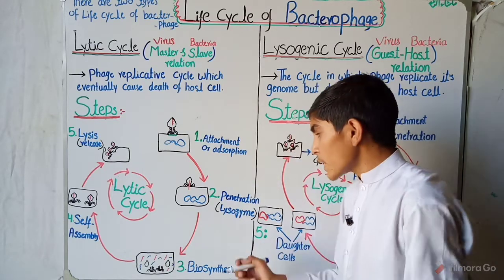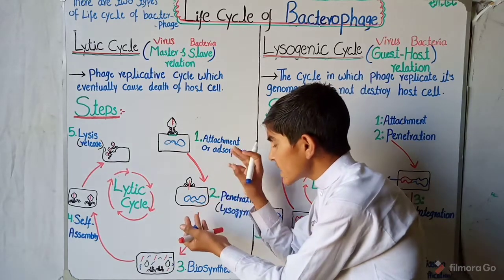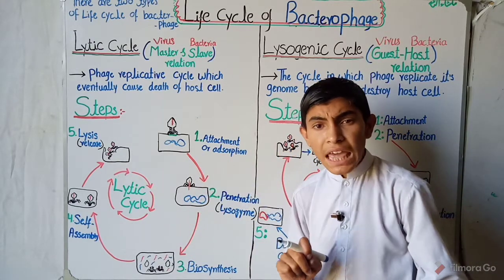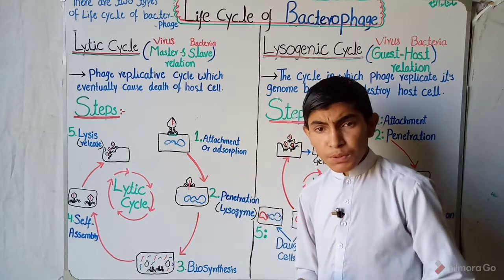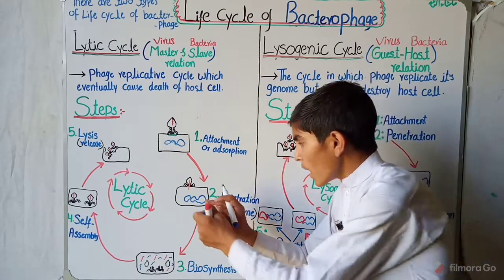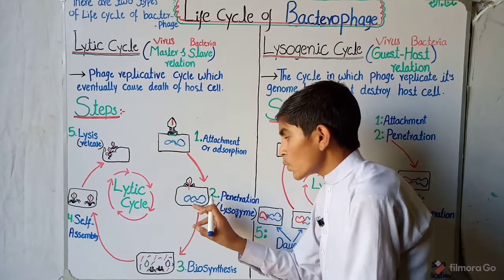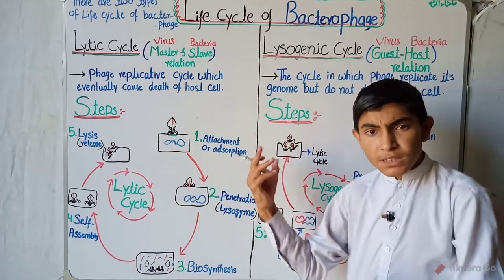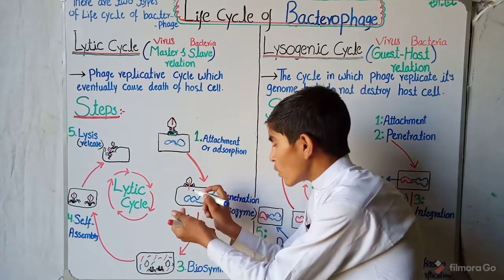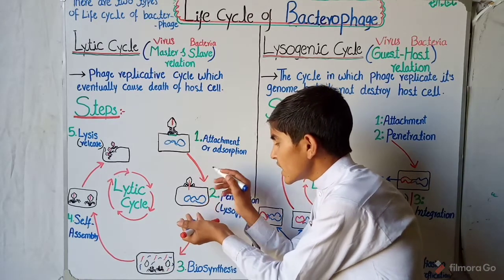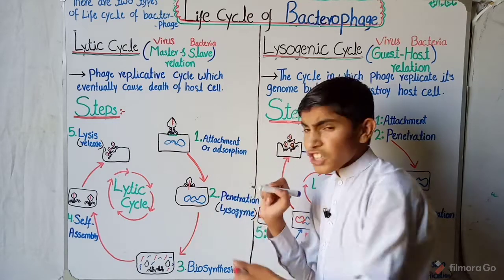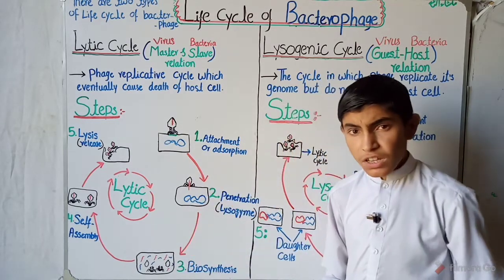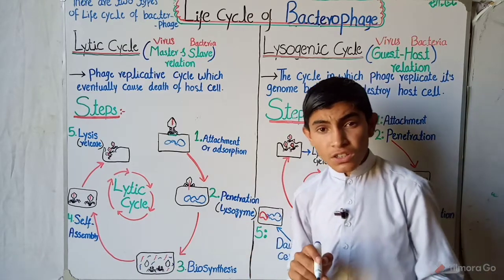So the viral cell releases its lysozyme enzyme from its base plate and penetrates the wall of the bacteria. When the wall of the bacteria is penetrated, the viral cell contracts with the help of its flexible sheath, and the virus releases its genetic genome, meaning DNA, inside the bacterial cell. This is called the penetration stage.